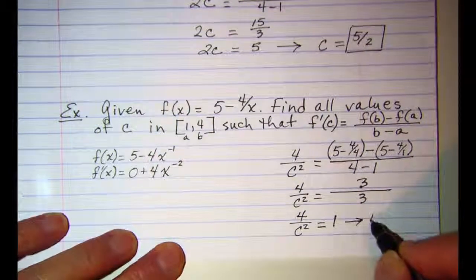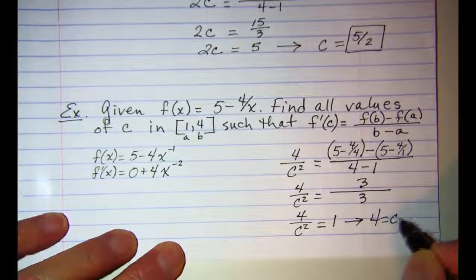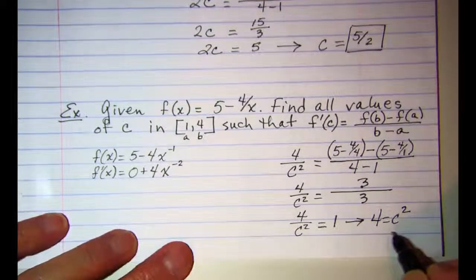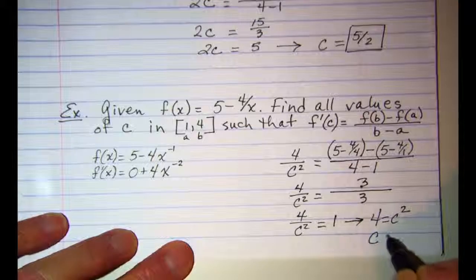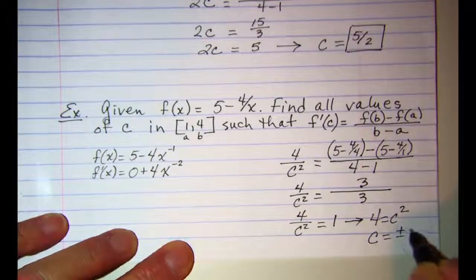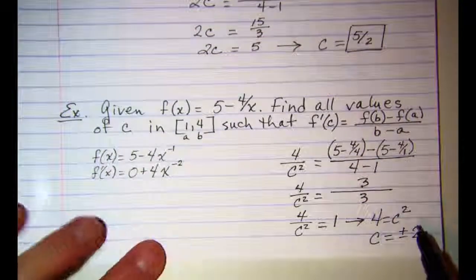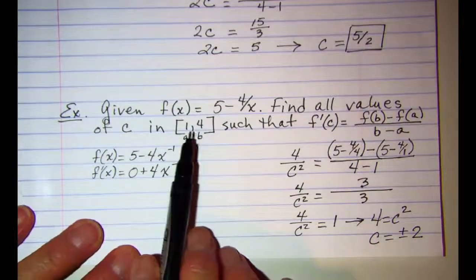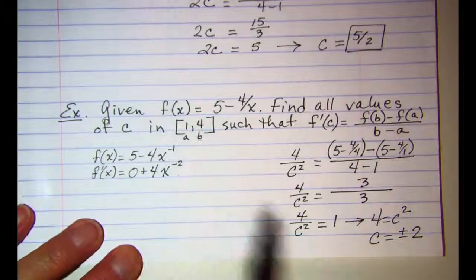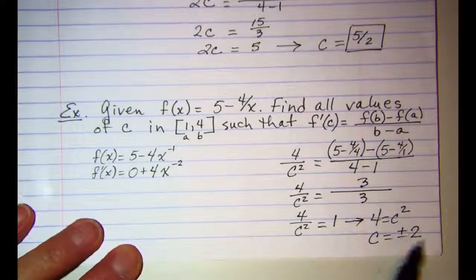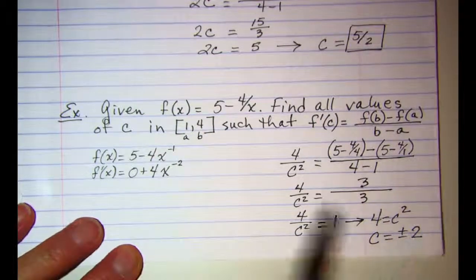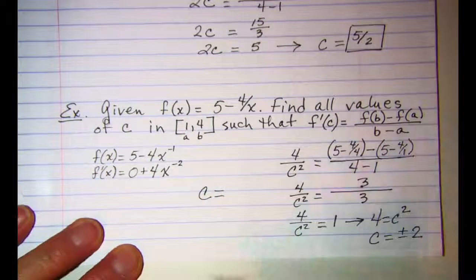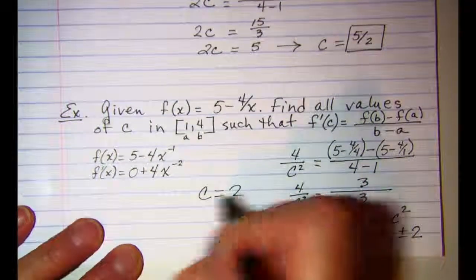This gives me 4 is equal to c squared. So square root both sides. C is equal to plus or minus 2. Now recall that we're working in the closed interval from 1 to 4. So only the positive 2 is going to be in that interval. So our answer that we're going to give is just the positive 2.